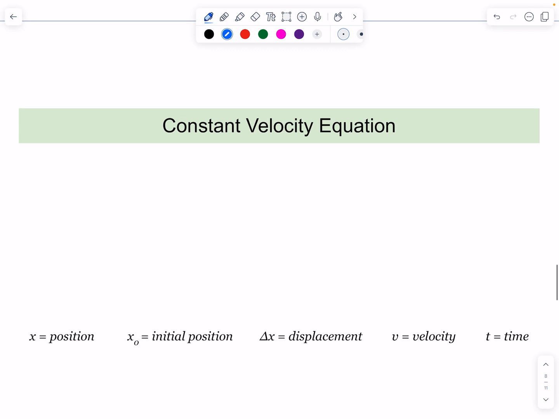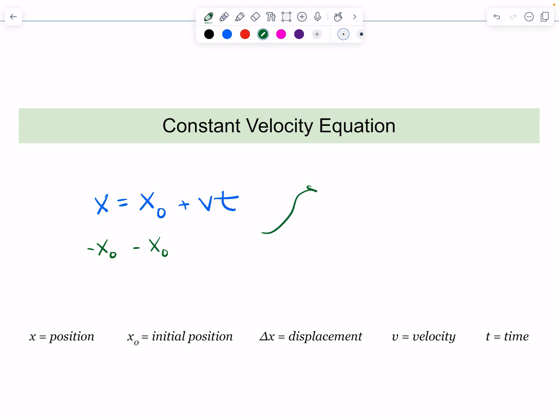So we do have a new equation for this, and that's going to be x is equal to x sub 0, otherwise known as x naught, plus velocity times time. So that's going to be our first big equation. We can rewrite that if we want, depending on what we're looking at. So I could subtract the initial position over here.